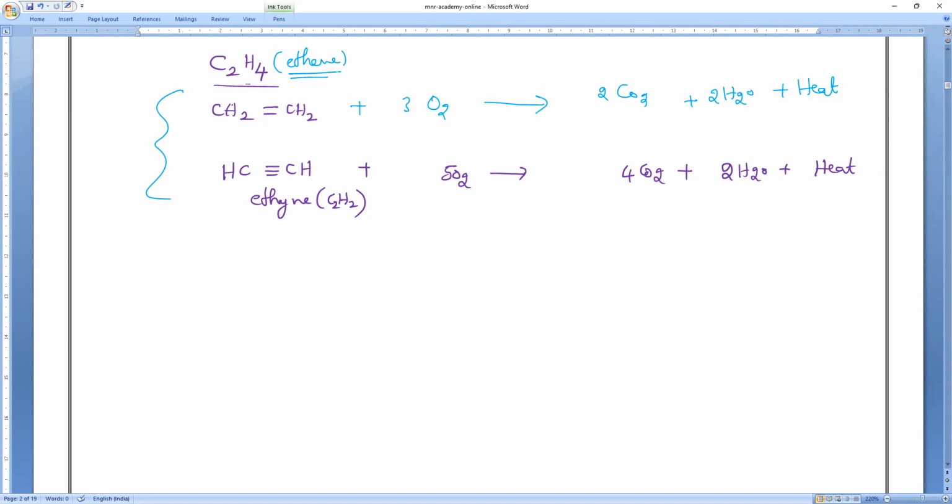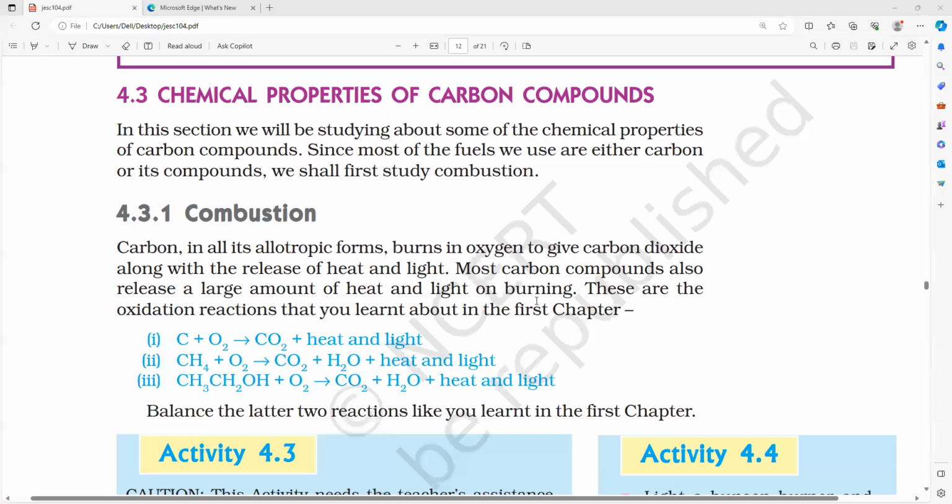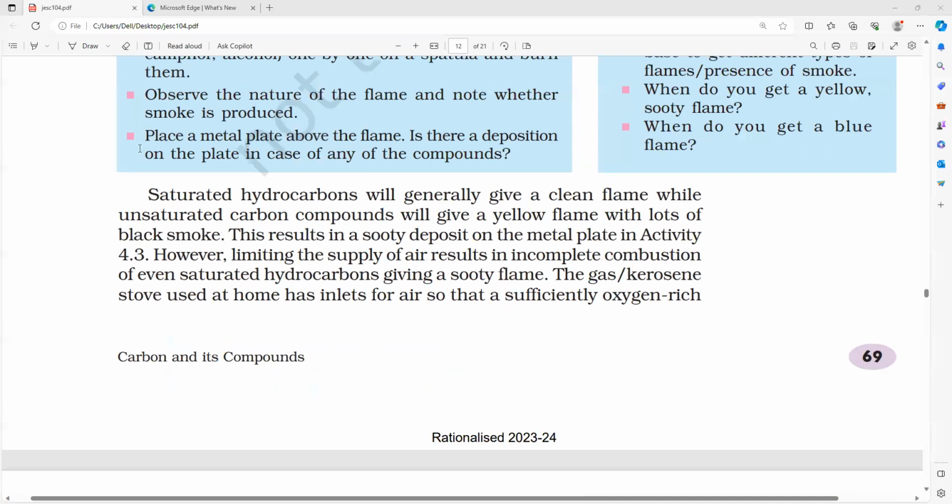But remember, if it is pure oxygen, it will react differently. Underline it in your book, everybody: unsaturated hydrocarbons also burn with a blue flame without smoke, when the oxygen is pure. That is what you have to remember.